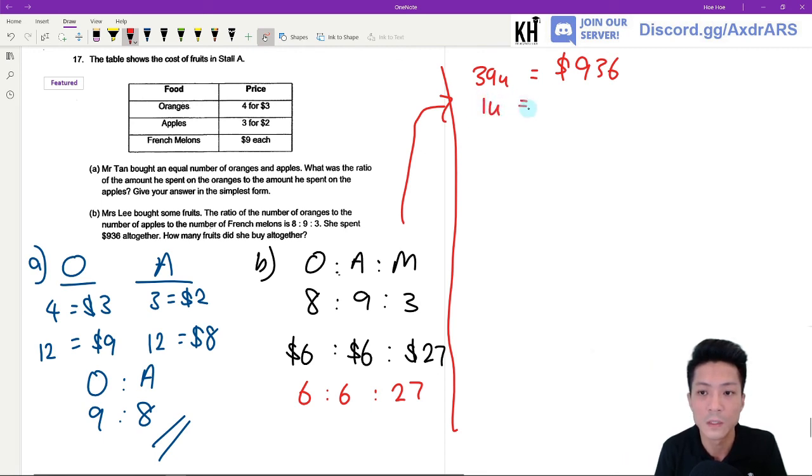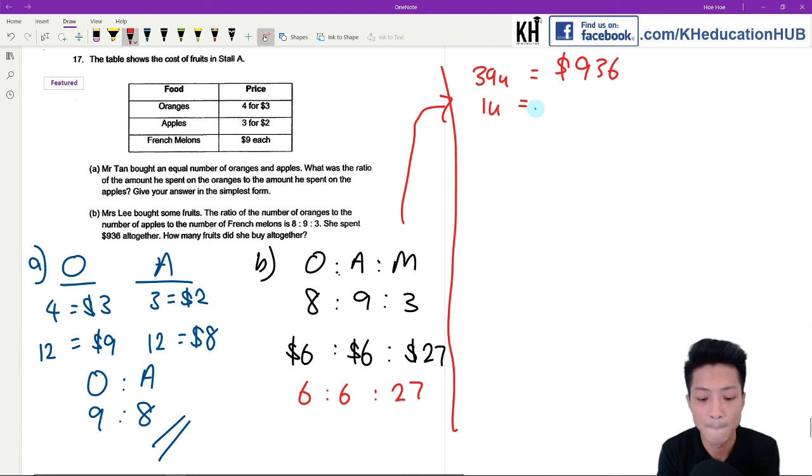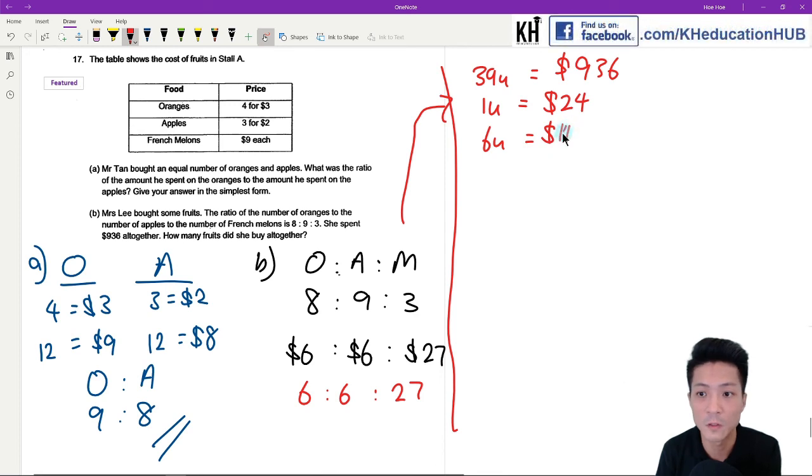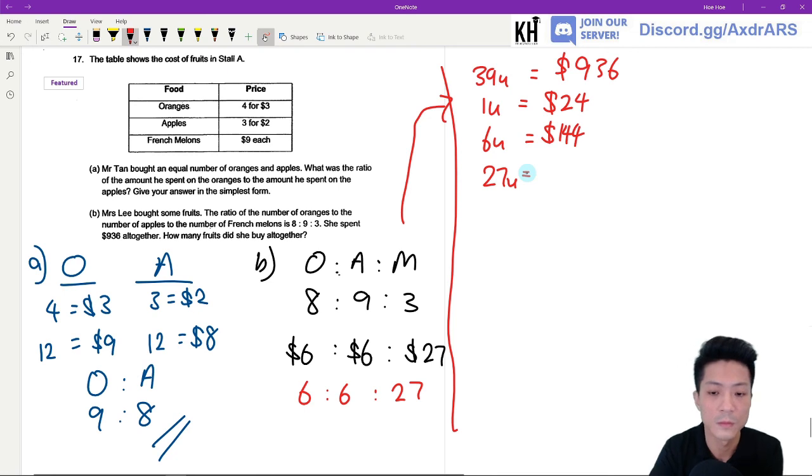Okay, let's find out what is 1 unit. $24. So 6 units is equal to $144. 27 units is equal to 648.